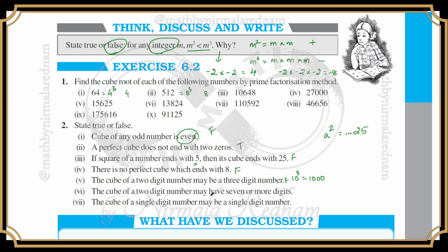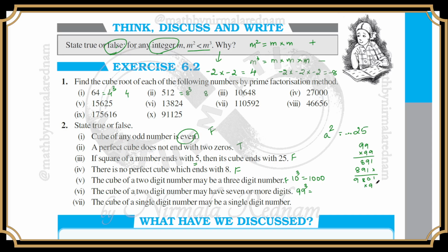The cube of a 2-digit number may have 7 or more digits. Now, in order to answer this, you have to look at the greatest 2-digit number, which is 99. If you look at 99 cube, you will be able to answer this question. So let us check the value of 99 cube. 99 into 99 will give you 9801.